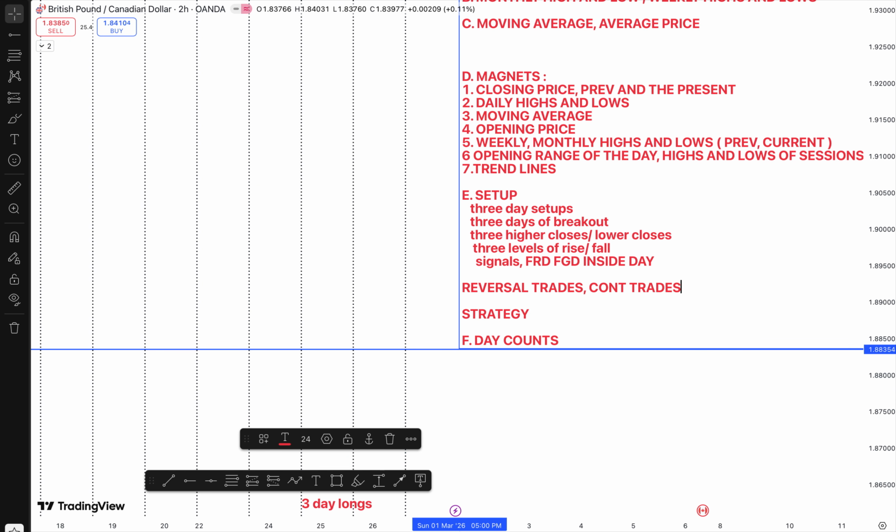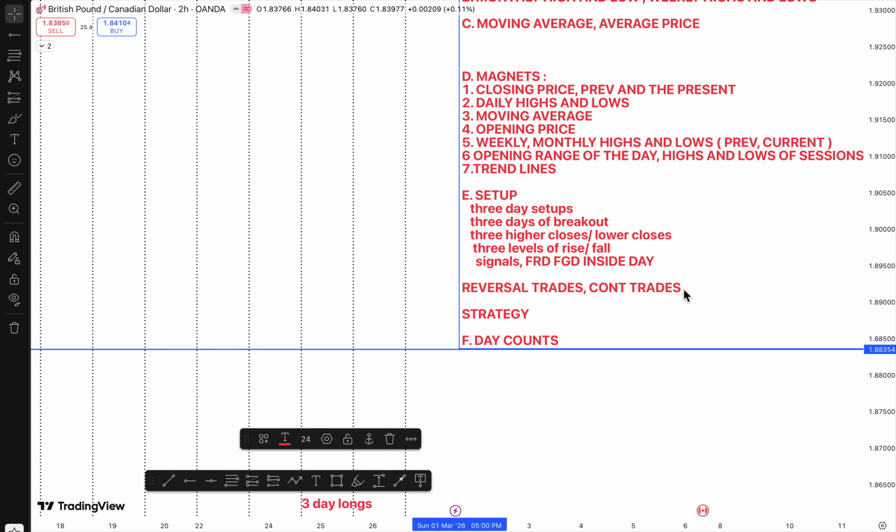Trend continuation trades and reversal trades after this market has presented all of this. It can be a sell high, dump and pump, a pump and dump sell high setup, or a dump and pump buy low sell high setup. Those can be reversal trades from the low or from the high, continuation trades from the high or from the low.